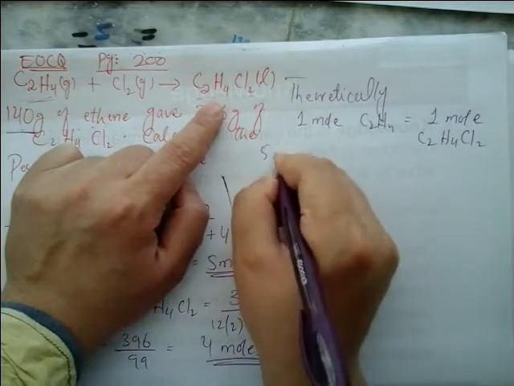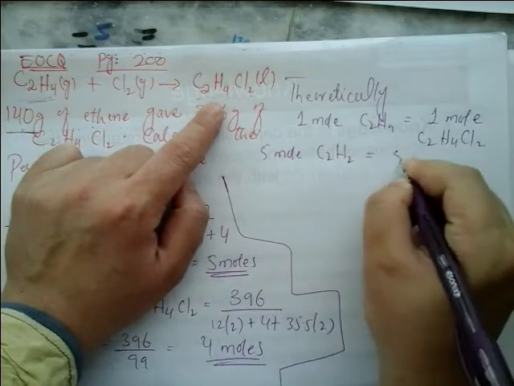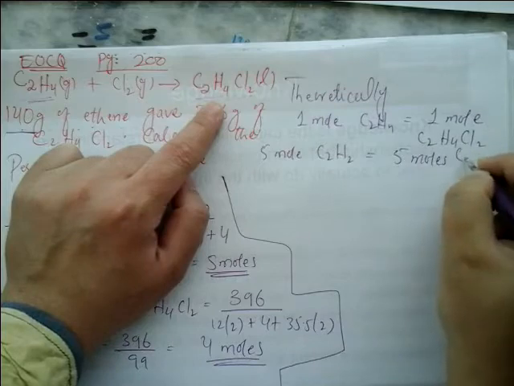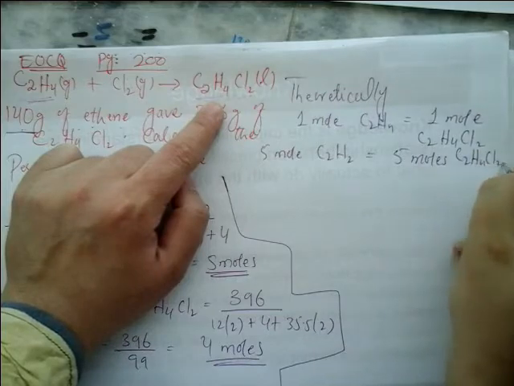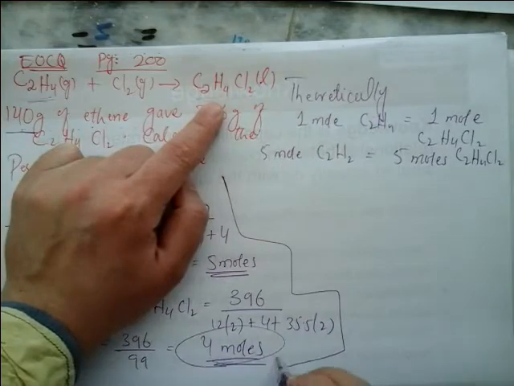In the same way, 5 moles of ethene used in the reaction should produce 5 moles of chloroethane. Okay, but practically only 4 moles are produced. Actual yield is 4 moles.